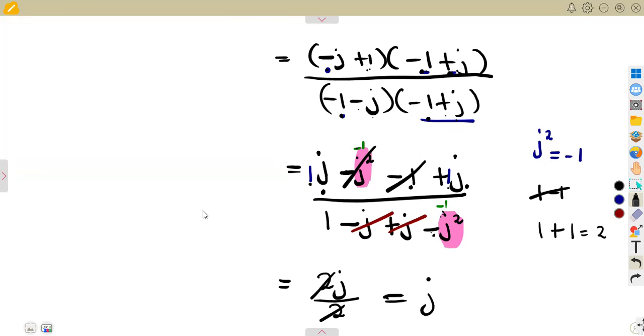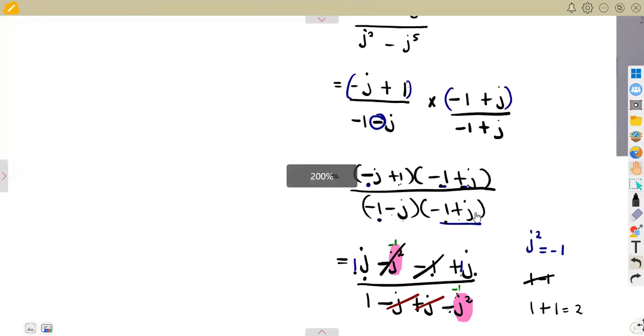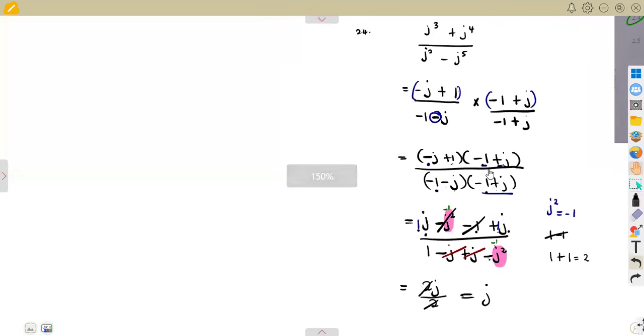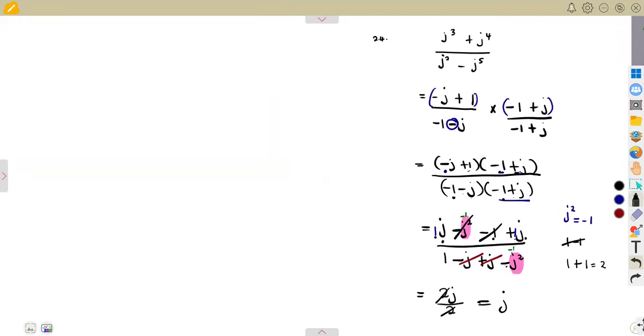We could have simplified that direct from the original. If you just understand your exponents here, you can actually expand. Guys, if you understand your exponents, you could have just expanded direct.